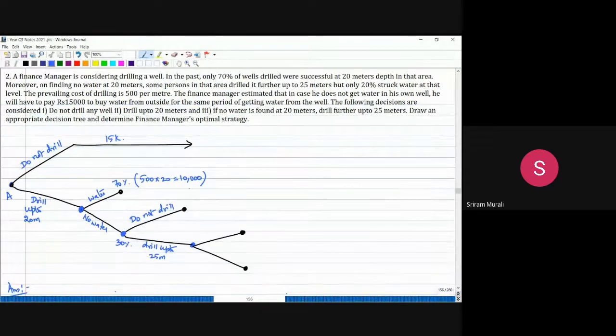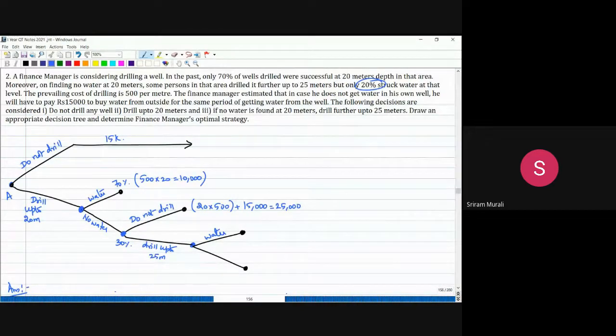If I do not drill, what is the loss? This is 20 into 500 plus I have to take outside water, 15,000. So this is equal to 25,000. If I want to drill, if I get water, what are they telling from the information? I drill up to 25 meters, 20% strike water.